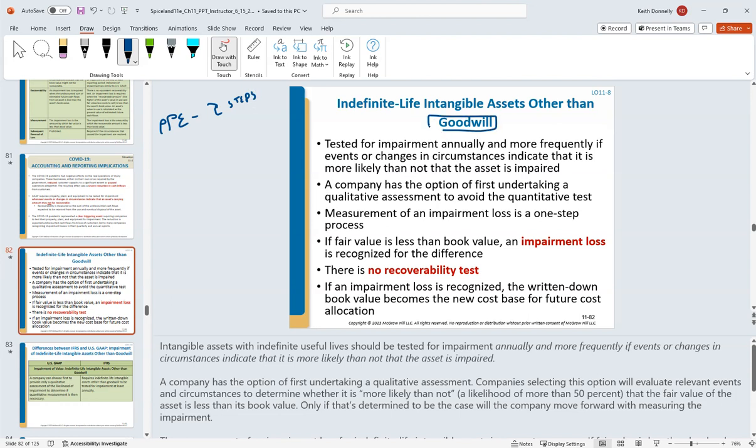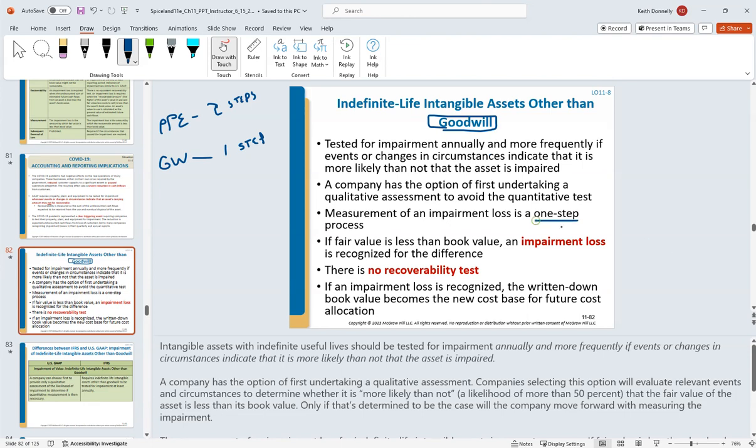However, when we have goodwill, which would be essentially an intangible asset with an indefinite life, it's going to be 1 step for impairment. In other words, whenever we have goodwill on there, it's going to be more frequent that we test for impairment, maybe yearly. We don't necessarily have to have this sort of preceding event.